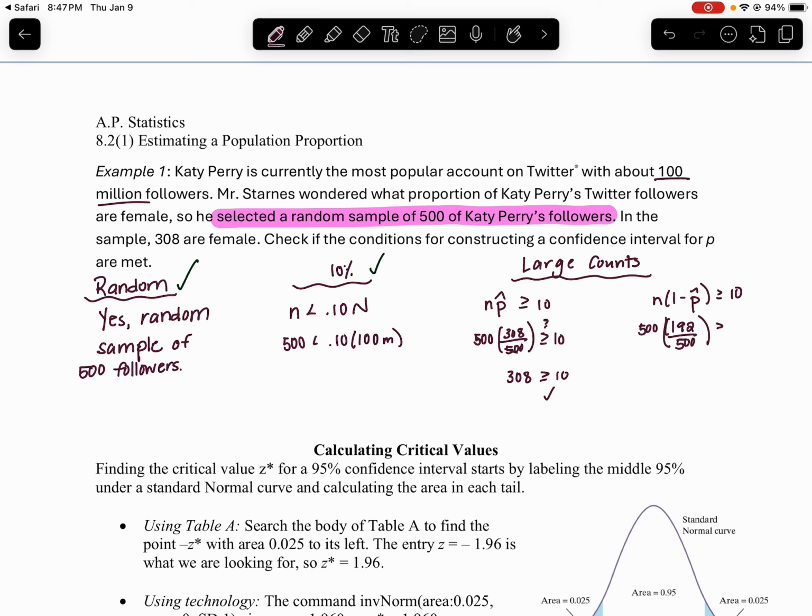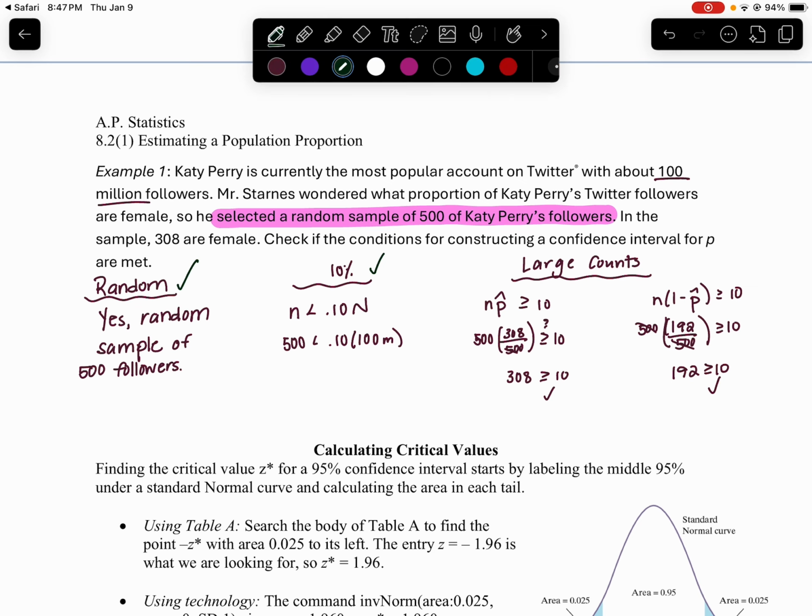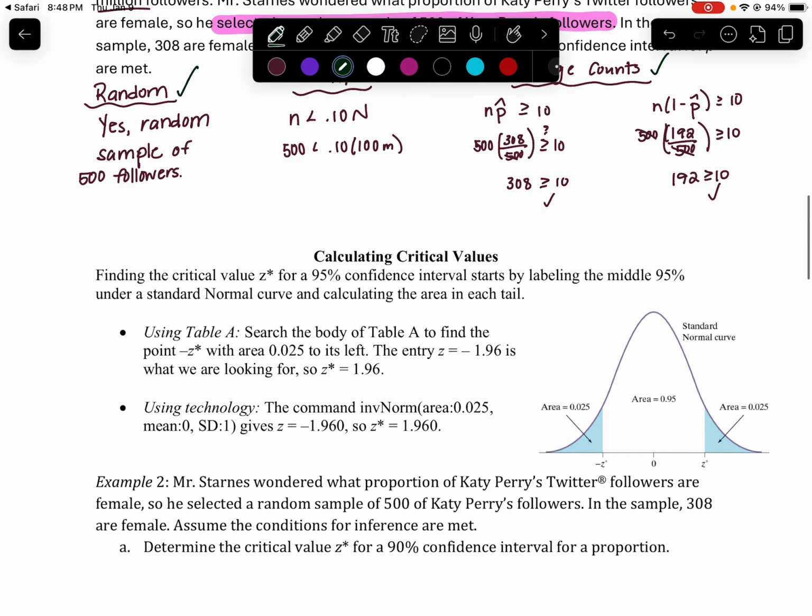Let's make that big, since there's not a whole lot of room here. So again, we have 192 is greater than or equal to 10, so the law of large counts checks out. So we just verified that all 3 conditions were met so that we would be able to construct a confidence interval for this example.